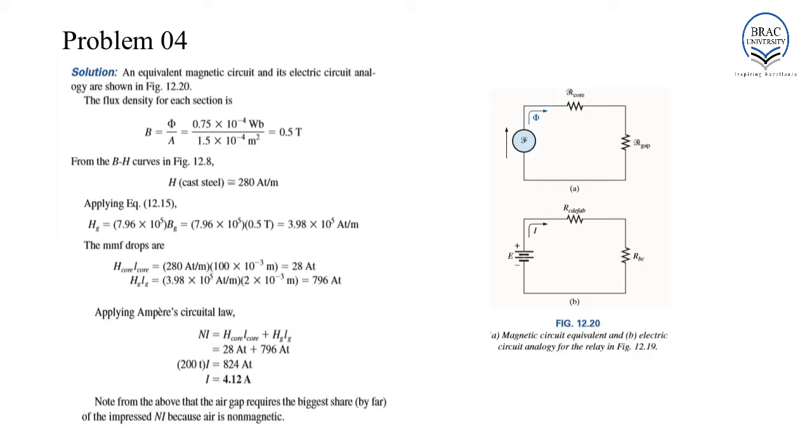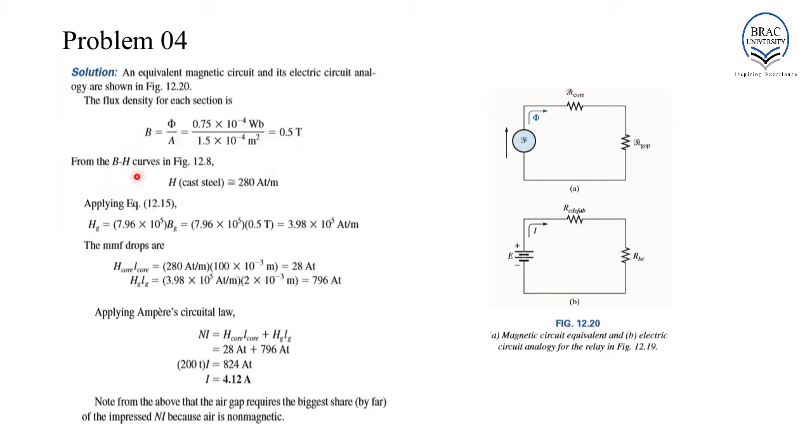The equivalent magnetic circuit will look like this, where F is basically the product of Ni, and there will be two reluctances, one for the core and the other one for the air gap. The flux density for each section is B equals phi by A equals 0.5 Tesla.